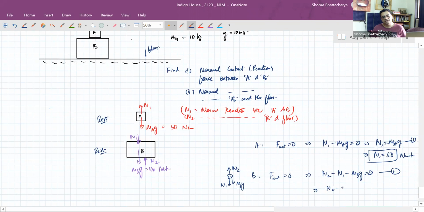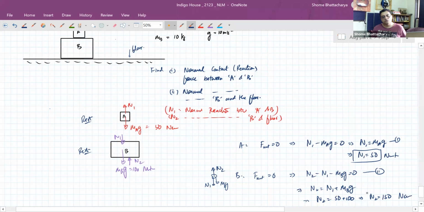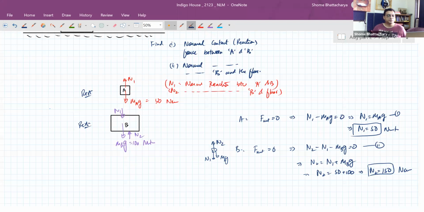So N2 has a magnitude of N1 plus weight of B. The normal reaction between the ground and B is this. So if now we ask how much force the ground is experiencing, that will be 150 newtons.